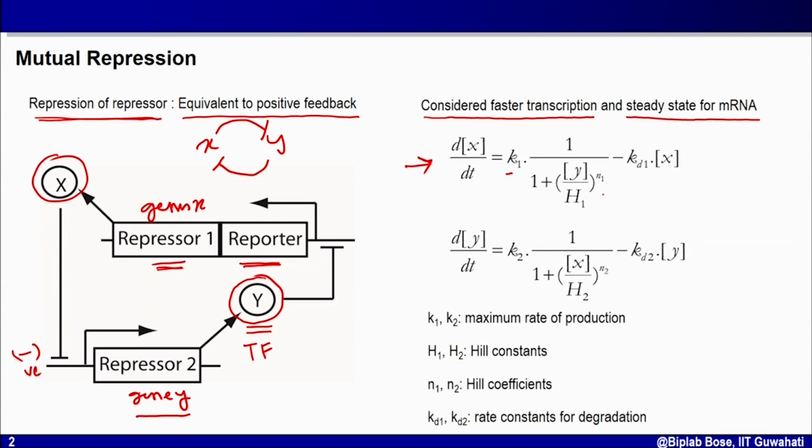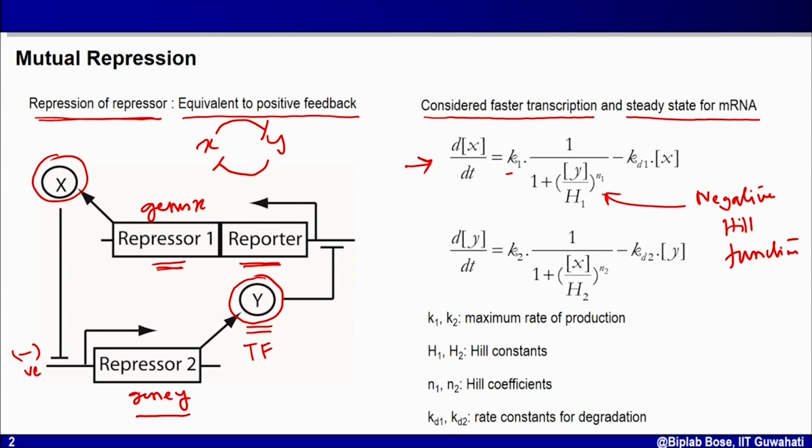So what I have considered here, I have considered a negative Hill function, because Y is inhibiting X, and usually this type of inhibitions are non-linear and follow sigmoid behavior.